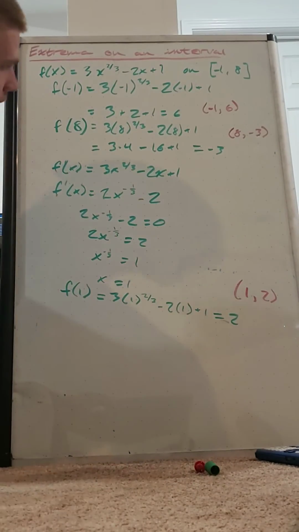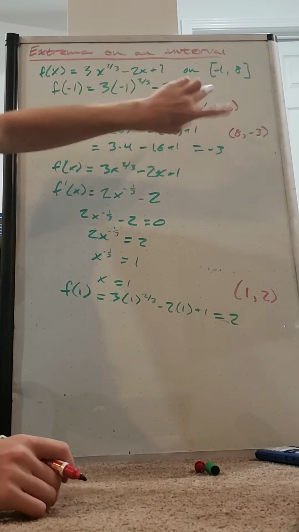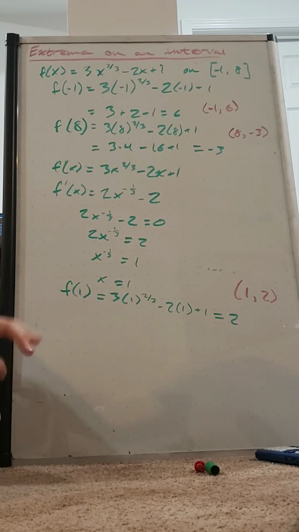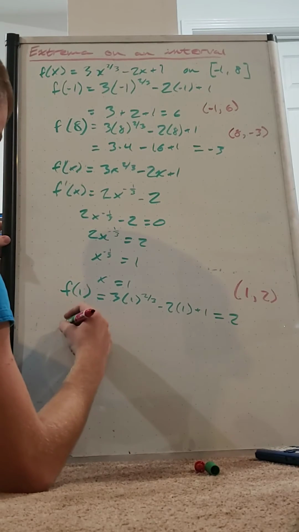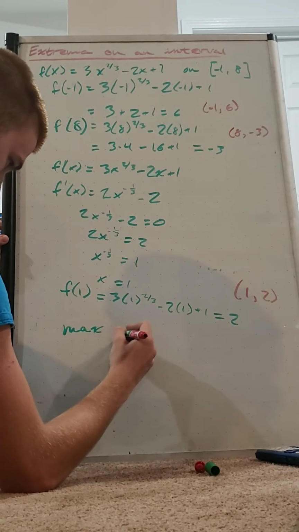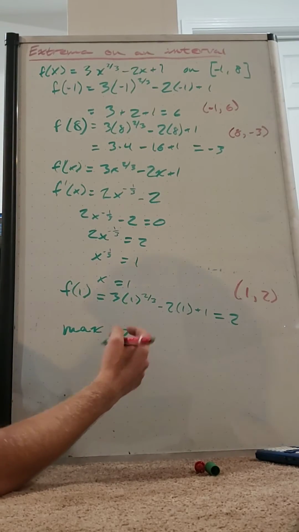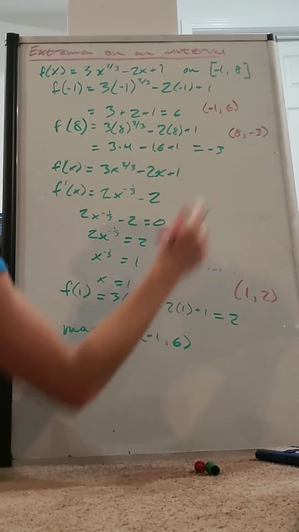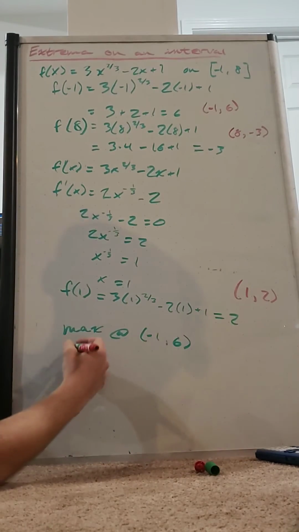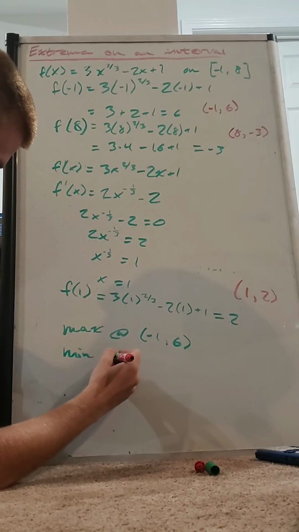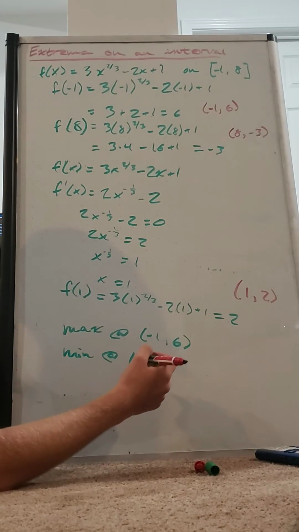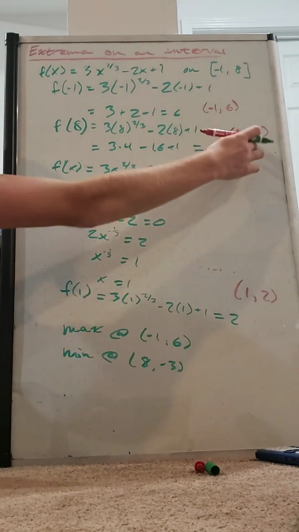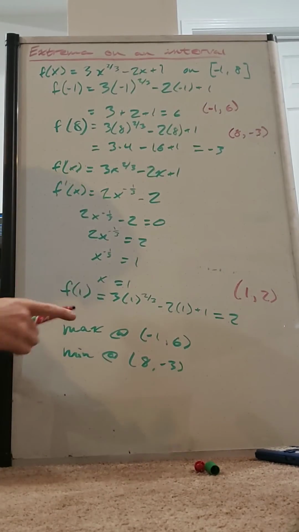And from here, we have our endpoints and our critical values, and we can determine our maximum and minimum. The maximum is at -1, 6, because that 6 is greater than these two, and our minimum is at 8, -3, because this -3 is lower than these two.